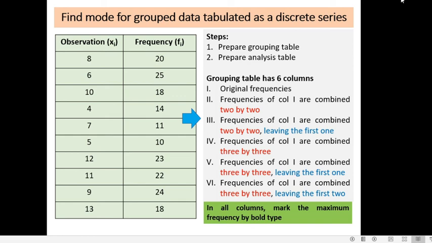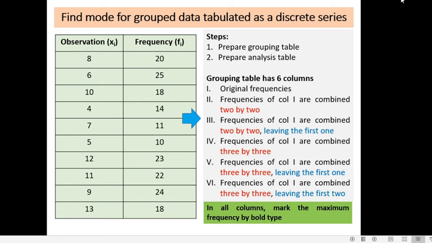But to find the mode, we have to follow 2 steps. First, we have to prepare a grouping table, which is followed by the preparation of an analysis table. So first, what is a grouping table? A grouping table will have 6 columns. The first column will have the original frequencies.